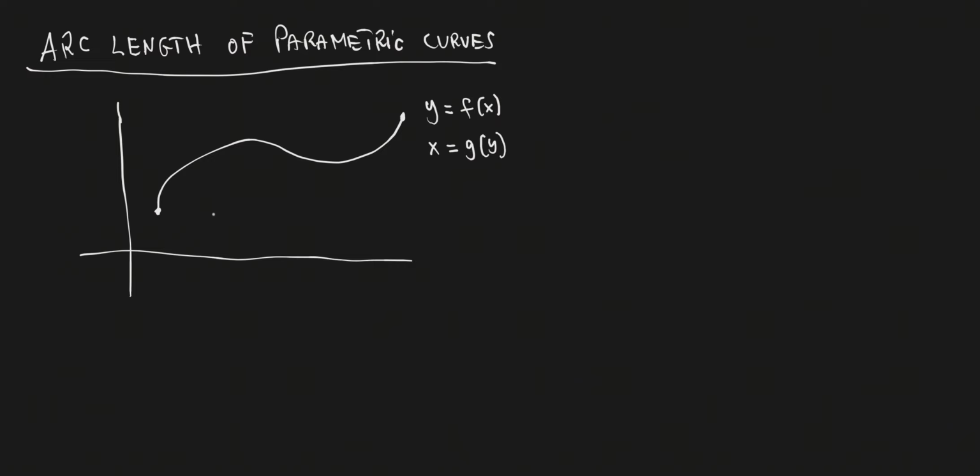And let's say it's the former, y equals f of x, and we know the limits on the x-axis, x equals a and x equals b. Then we can find our arc length by integrating with respect to x, and it's the definite integral from a to b of the square root of 1 plus our first derivative squared dx.